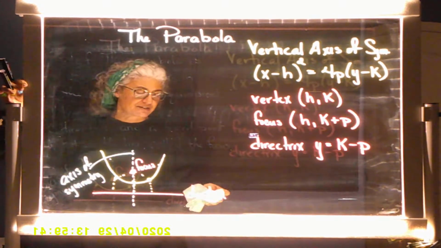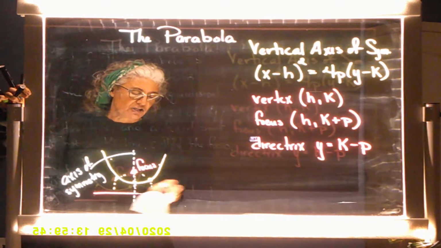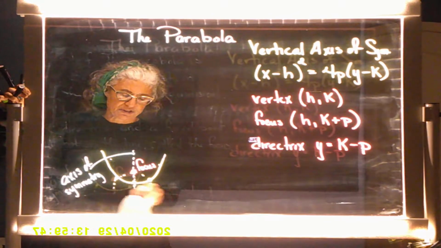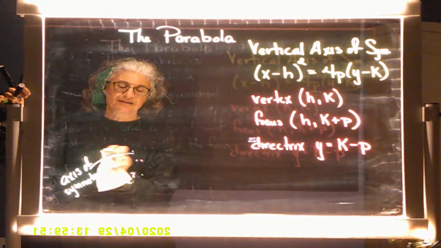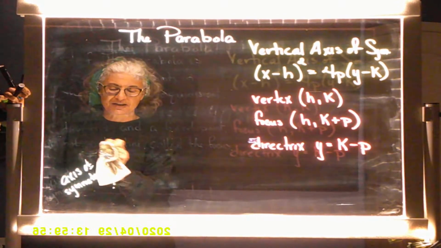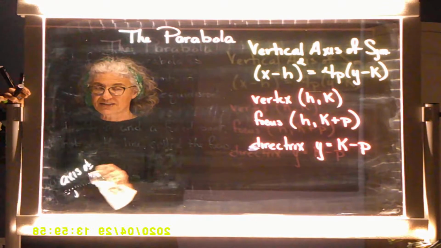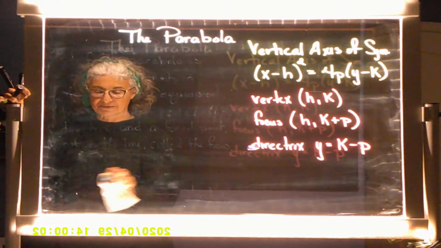Yeah, it goes left-right, doesn't it? So question, if it goes left-right, which variable am I talking about? Which variable goes left and right? Yeah, it's the x's. So in this case, now we're going to be talking about x's. So understand that. Are you with me? We're going to be talking about x's.